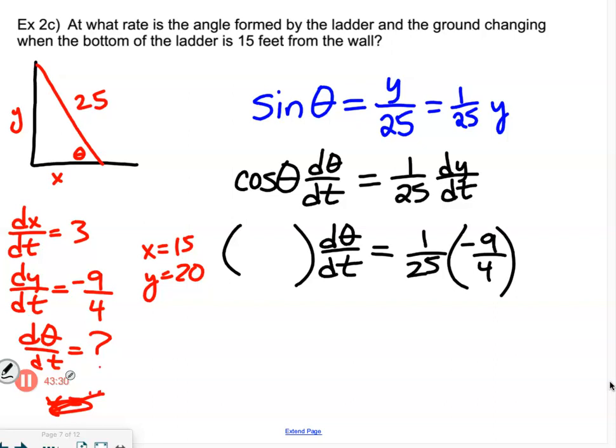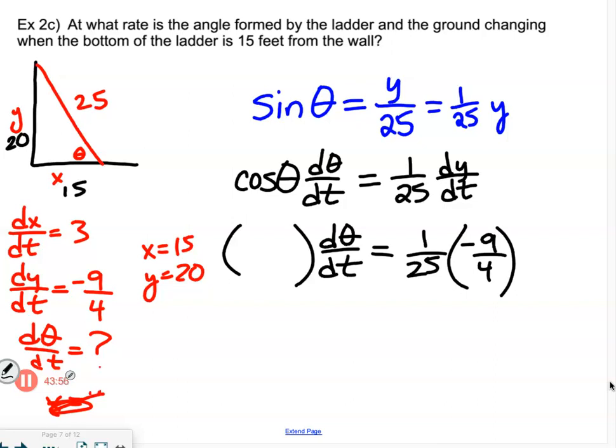All right. Very good. So guys, if you have side lengths on a triangle and you need trig values, don't try to find the angle and then do an inverse trig on it. Just use the side lengths. If I want the cosine of this angle, it's adjacent over hypotenuse, 15/25. Just plug in side lengths for your trig values.